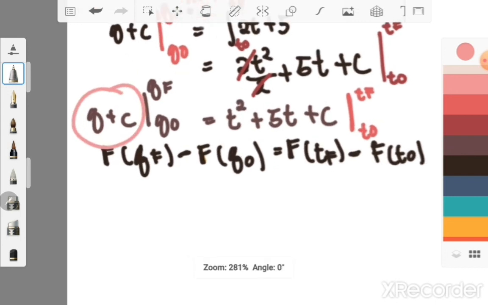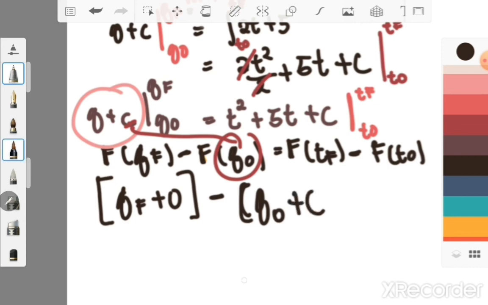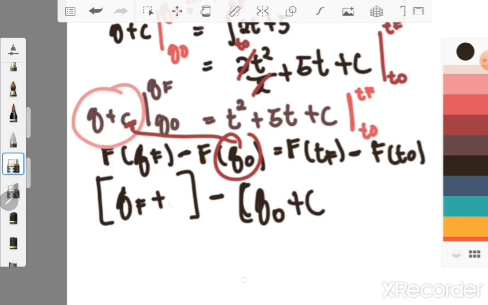So we will have a value equal to q of f plus c minus, so substitute natin ito ulit sa function na to. We have q sub 0 plus c. Take note C to, C. This is C. Yan. Plus C. Masyado tayong excited sa 0 na yan.